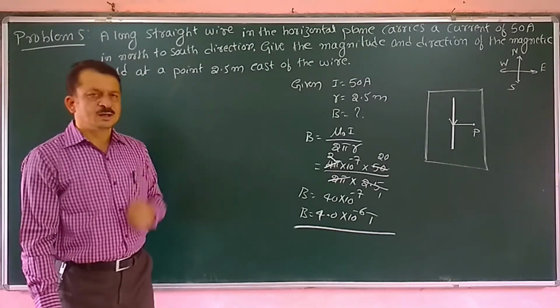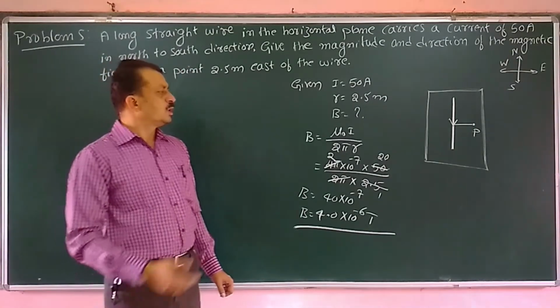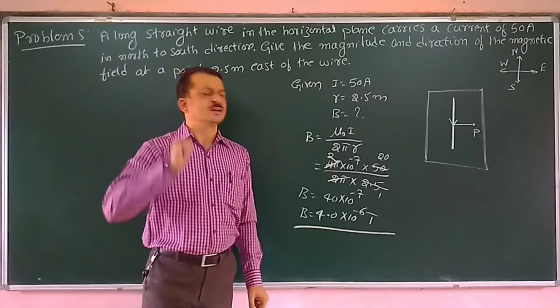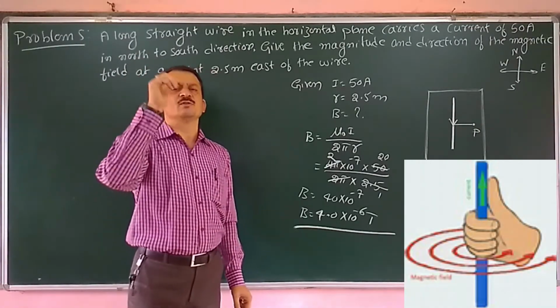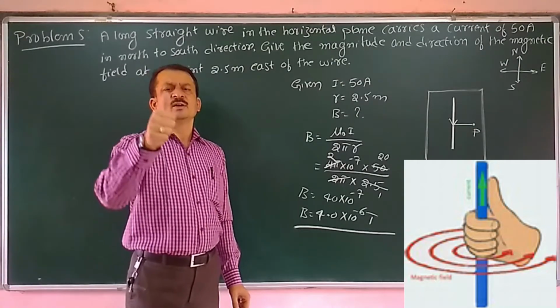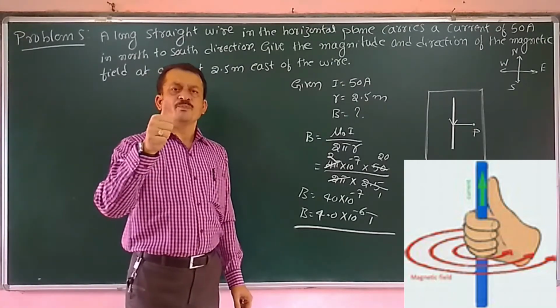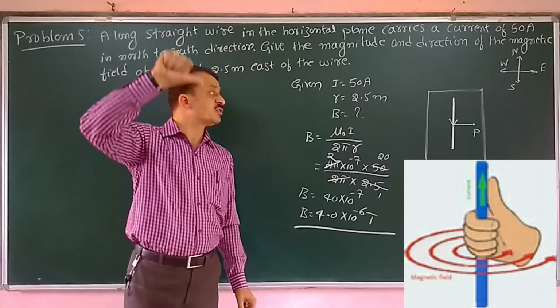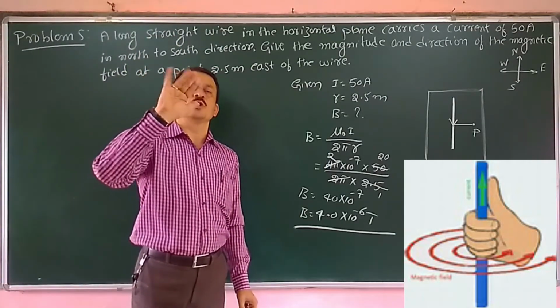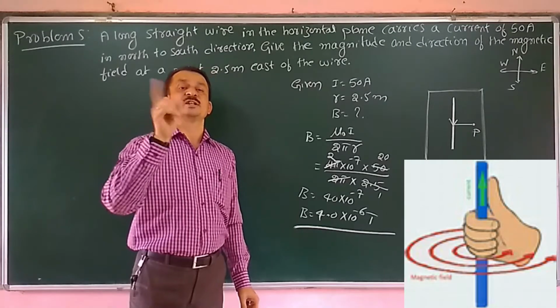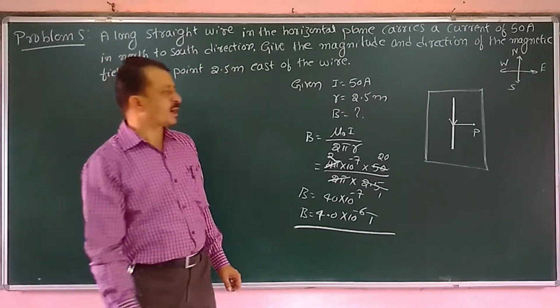So, very simple problem. The direction is given by the right hand thumb rule. If you hold the current carrying conductor in your right hand with a stretched thumb indicating the direction of the current, then the encircled four fingers represent the direction of the magnetic field.